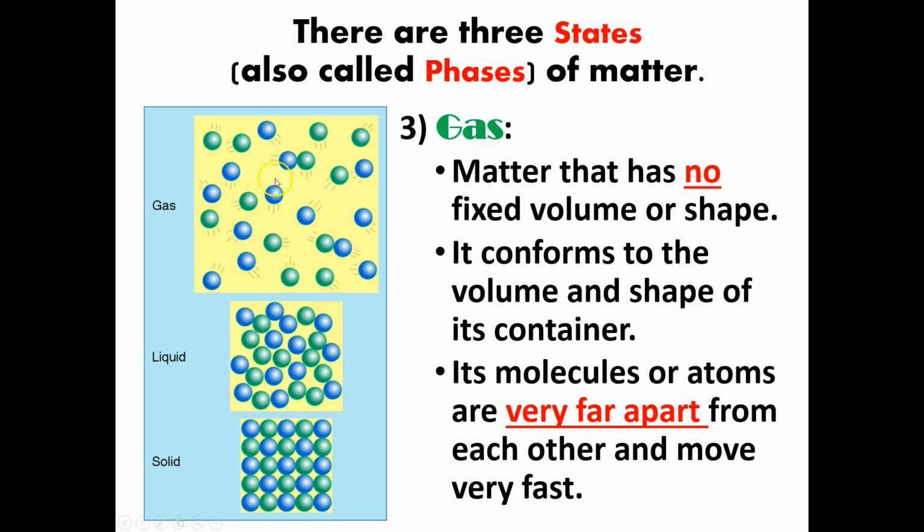The spacing between the particles is very, very far apart relative to their size, and their speed is, compared to the other 2 states of matter, very, very fast. So of the 3 states, gas would be the highest energy in terms of kinetic energy.